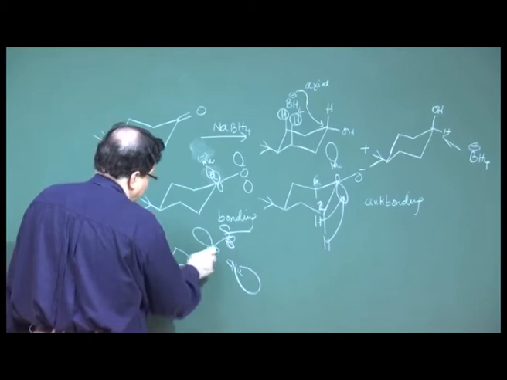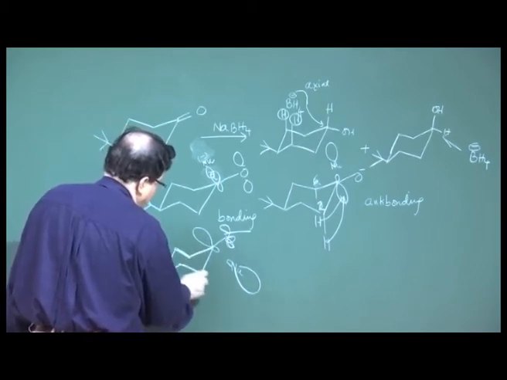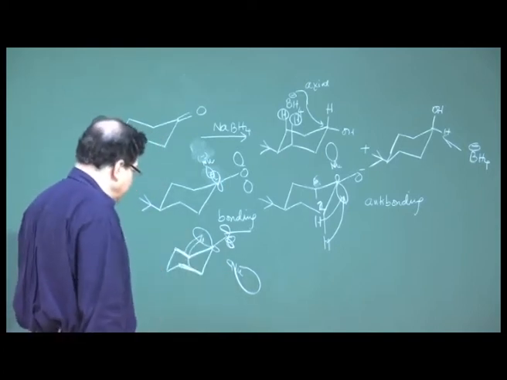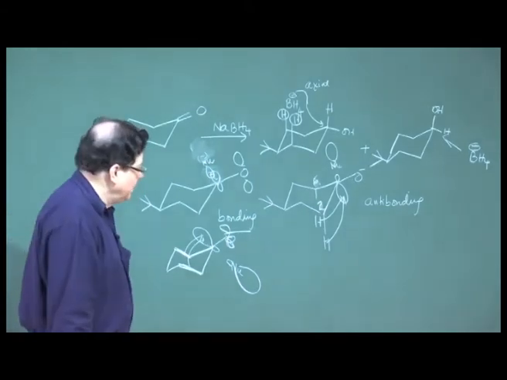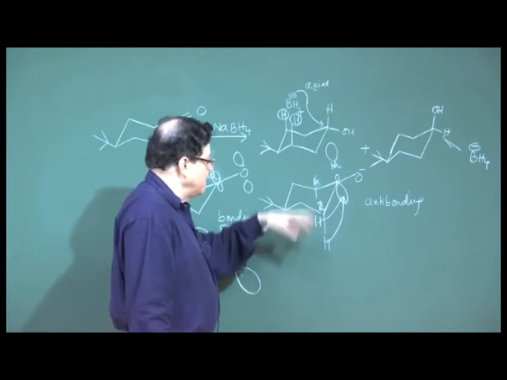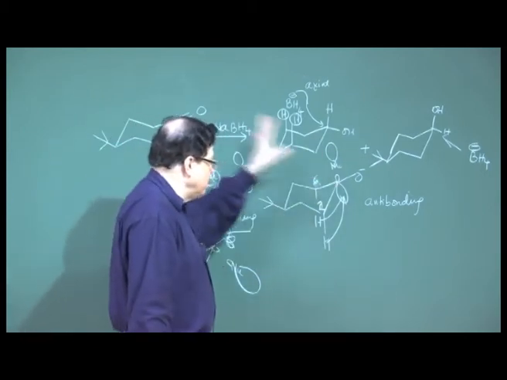Now what is happening is that the only orbitals that can donate here are these carbon-carbon bonds, and the CC bond is a much poorer electron donor than the CH bond. So, ultimately the major product is from the approach from the axial face leading to the equatorial alcohol.